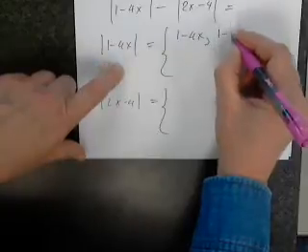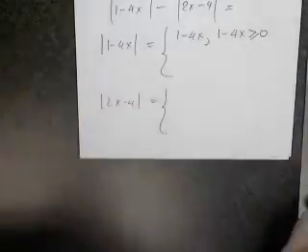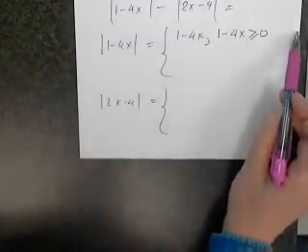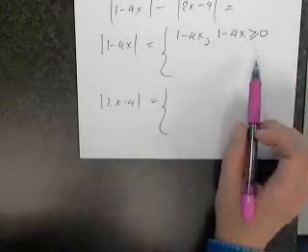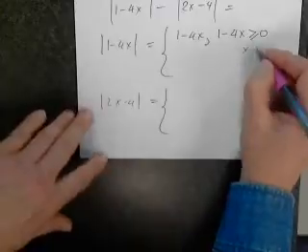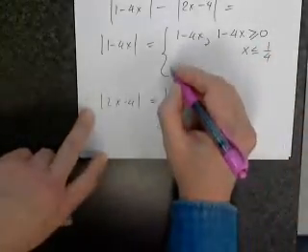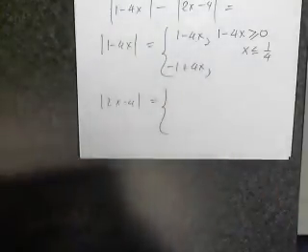You're way ahead of me. We have to write this because otherwise it is possible that we make a mistake, because I have to move 4x to the other side and it will be x less than or equal to 1/4. So please do not assume. Write it first. And then negative 1 plus 4x, you don't have to solve the other inequality.